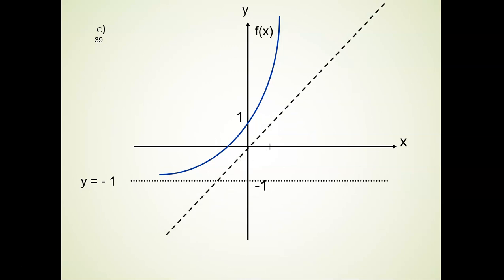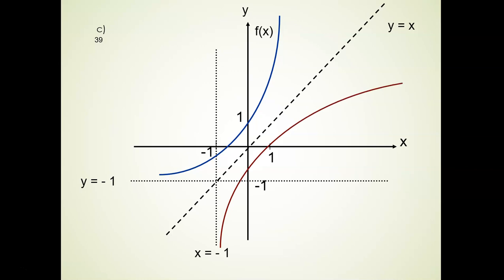Okay, and then that is y equals x. Then this is the asymptote for the inverse function at x equals negative 1. Okay, so this is the graph for both sketched on the same axis. This is the inverse, right? Very easy, kan?